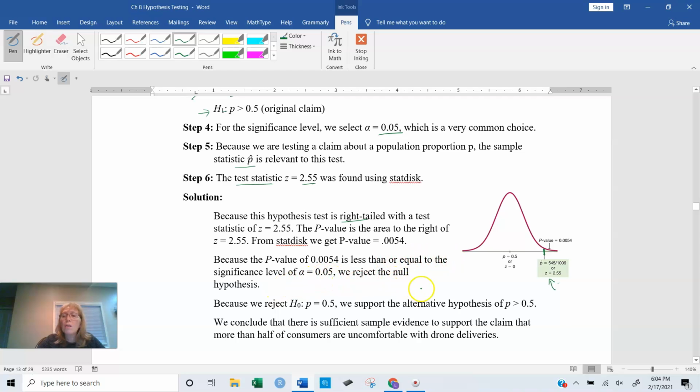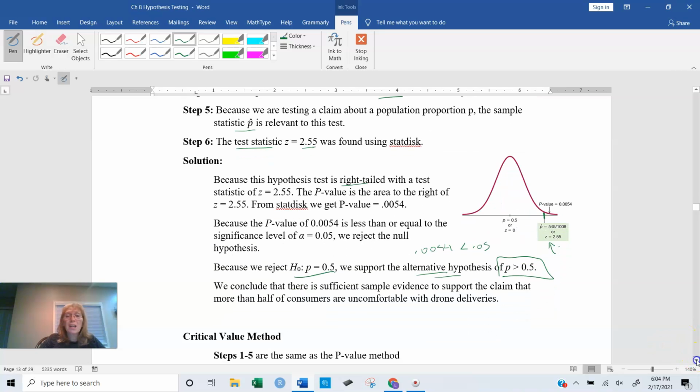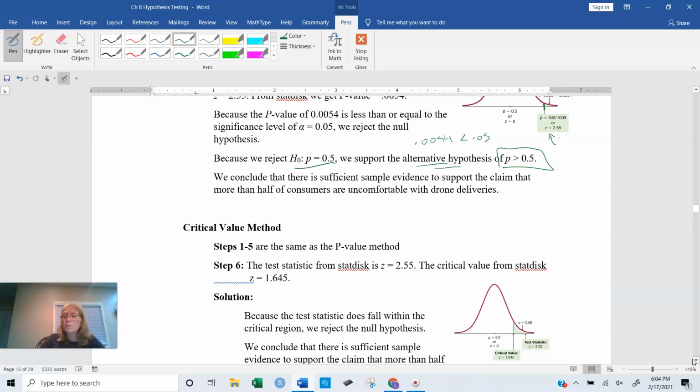We reject the null. So this says since 0.0054 is less than 0.05, we reject the null, which means our alternative is correct. Since we rejected the null, the alternative hypothesis is p is greater than 0.5. What that means is that over half of the population does not like to get deliveries from drones.